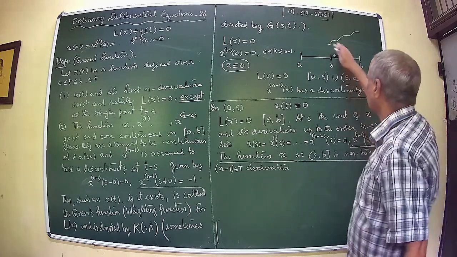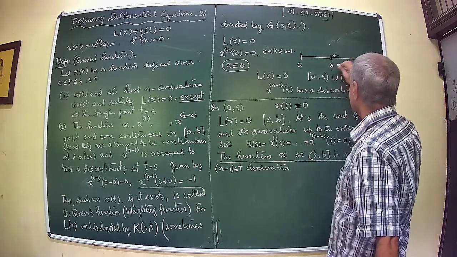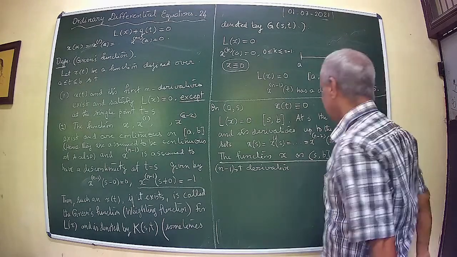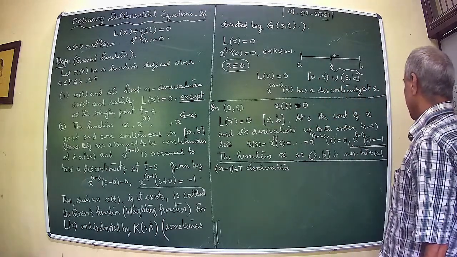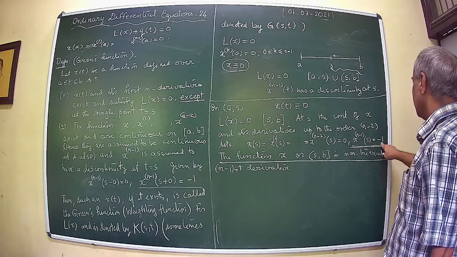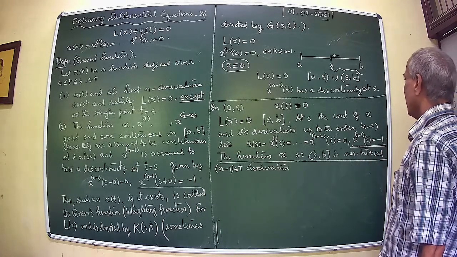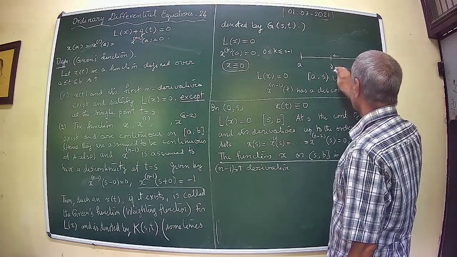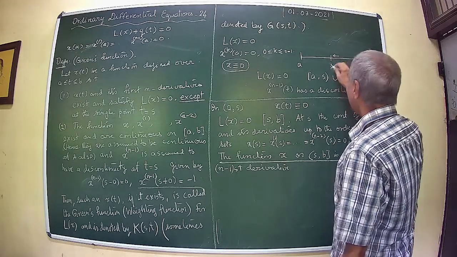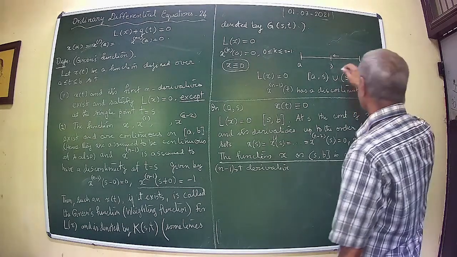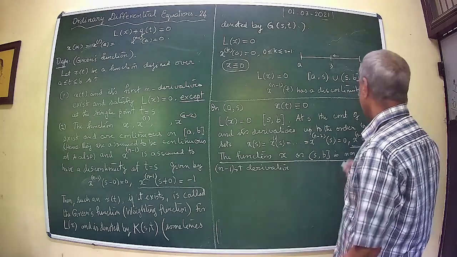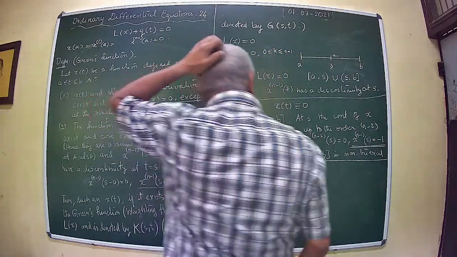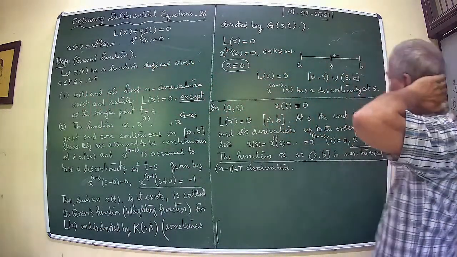Because of the way in which we have defined it, the n minus first derivative at s is taken to be minus 1, so it will be a non-trivial solution. Something like this. So let us look at some examples. Then it will be clear what we are saying.